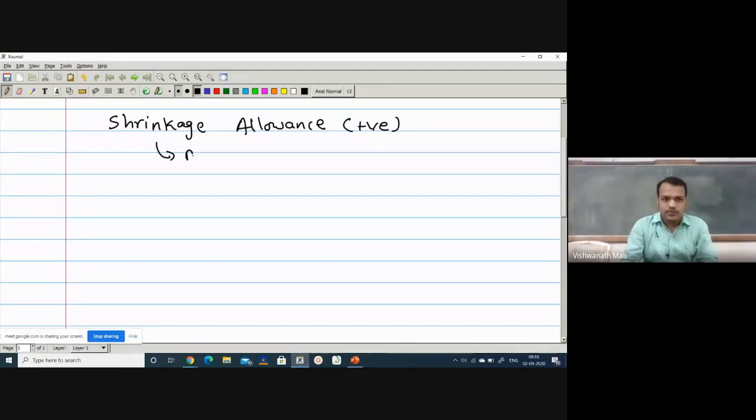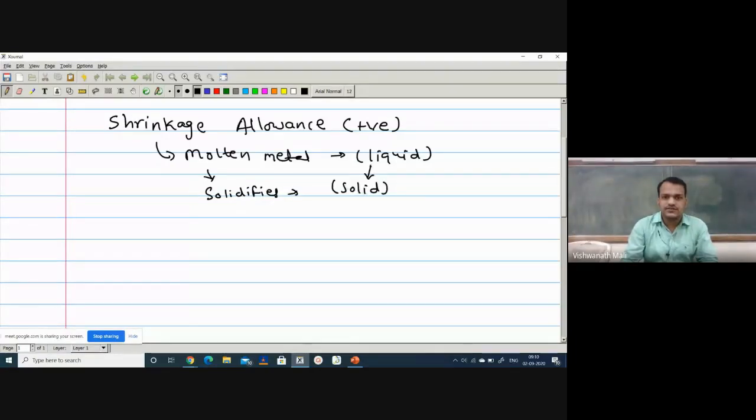When we pour the molten metal into the mold, as it is molten metal, it will be in the liquid stage, and after pouring we allow it to solidify. When it solidifies, it becomes solid.